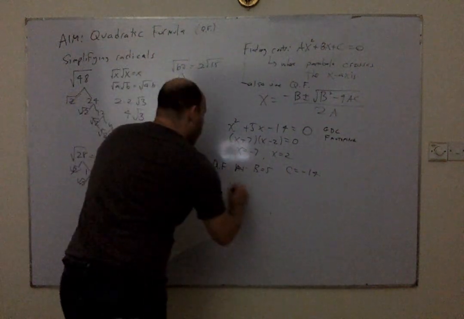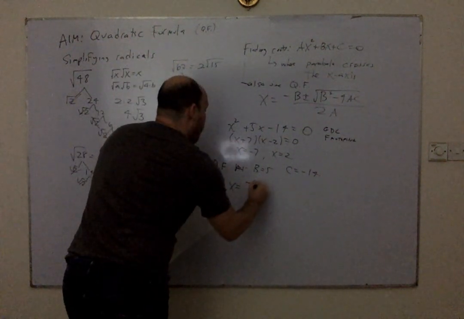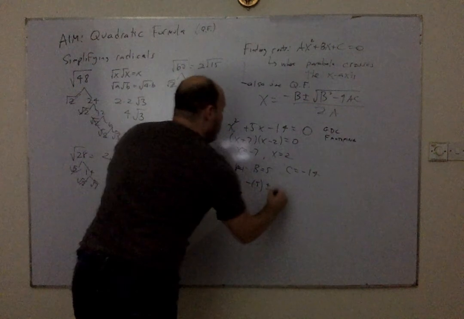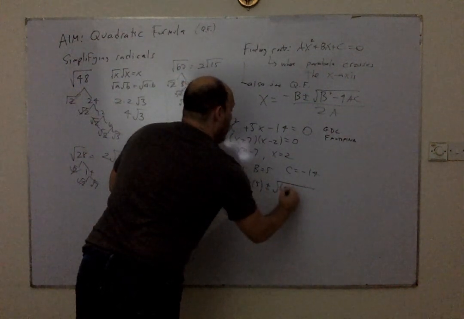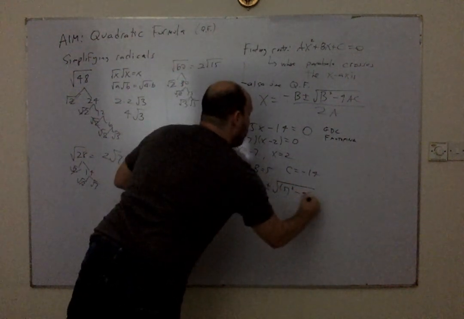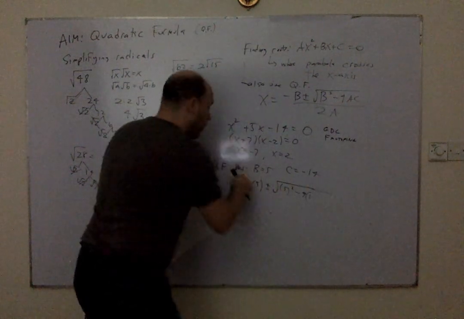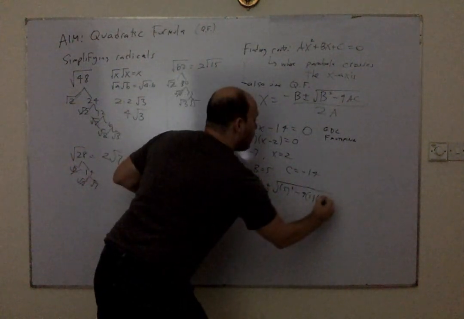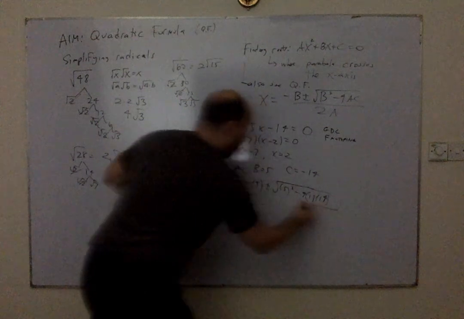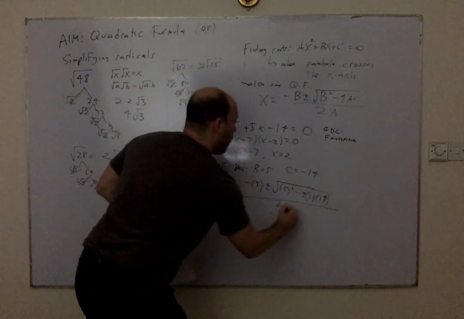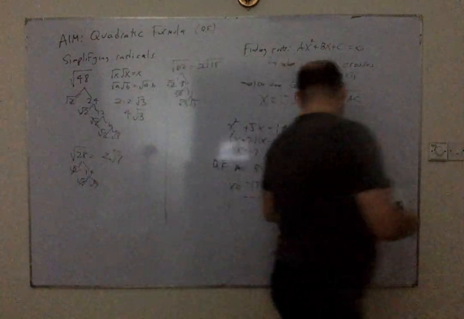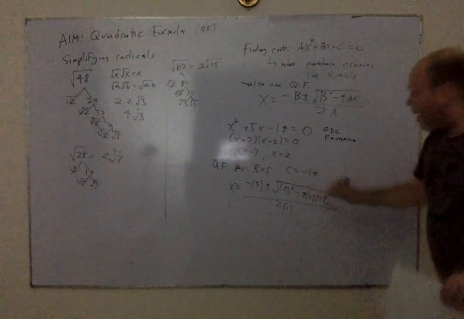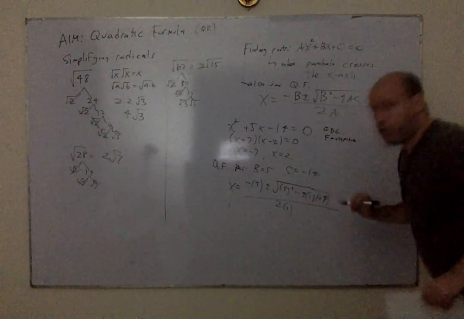And so you have x equals negative 5 plus or minus the square root of 5 squared minus 4 times 1 times 14 all over 2 times 1. Now, oh, I'm sorry, it was negative 14. I apologize.